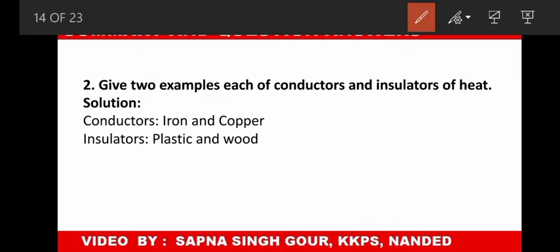So see the examples of conductors: aluminium, iron. These are the metals which allow the heat to pass through them. Insulators examples: plastic, wood. As you might have observed, these are the materials which do not allow the heat to pass through them.